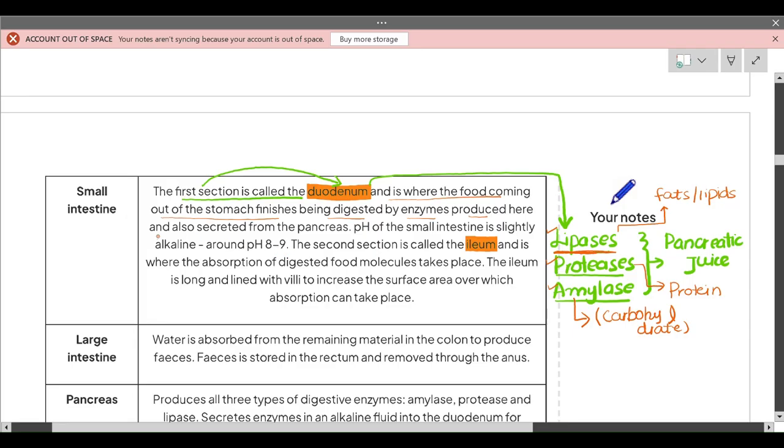And as they mentioned here, the enzymes produced here, where are they coming from? They are secreted from the pancreas, that I have told you. You need to understand another thing here.